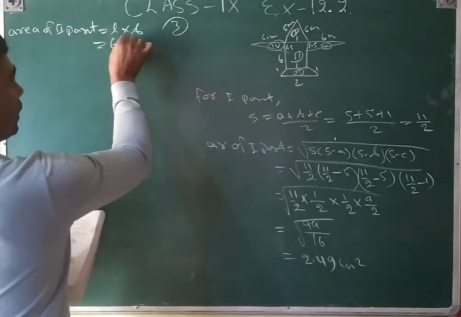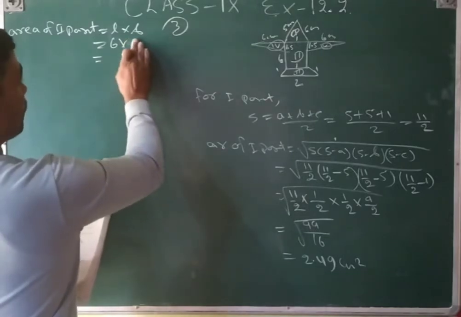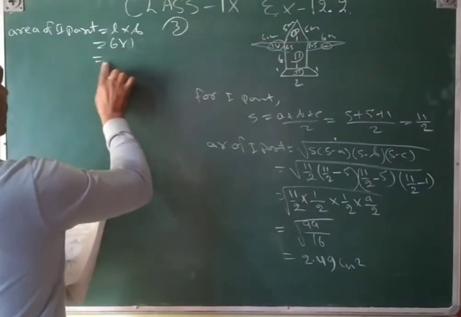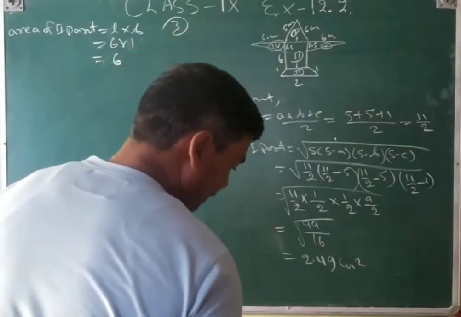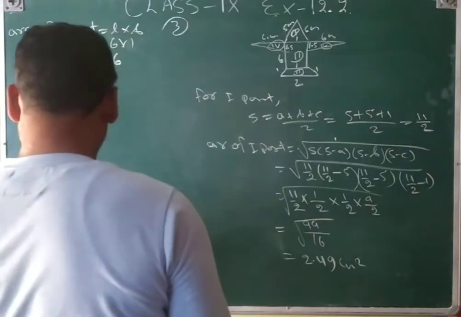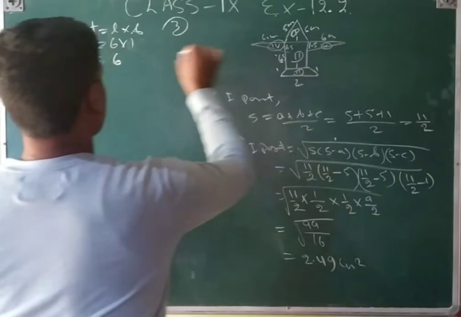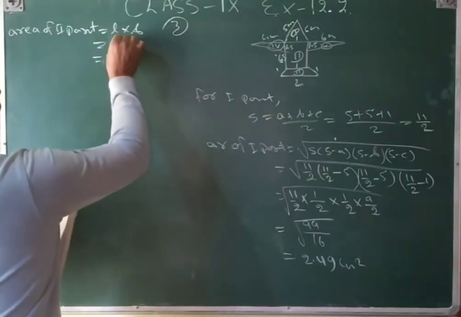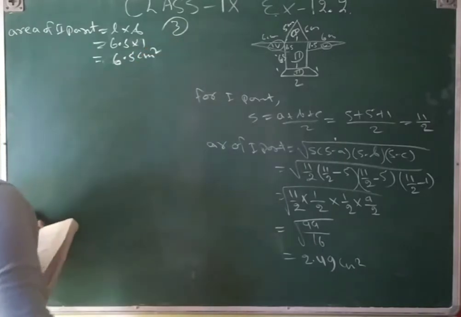So that is 6 into 1, sorry, that is given 6.5, so that will be 6.5 into 1, that will be 6.5 centimeter square.